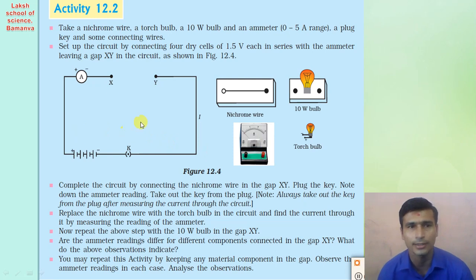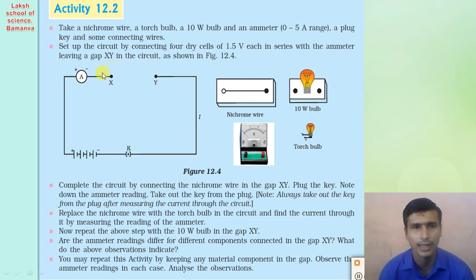Set up the circuit as shown in the figure with the help of two or more cells of 1.5 volt battery, right? Connect this cell with the switch, which provides the electric current to the component, and in series an ammeter.